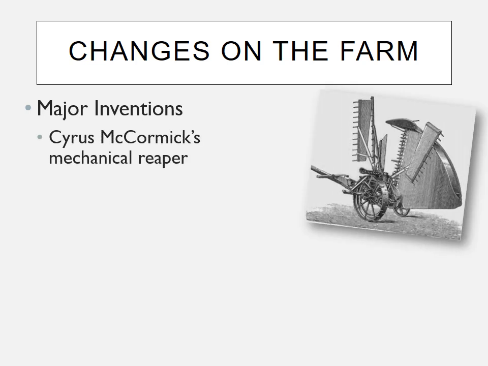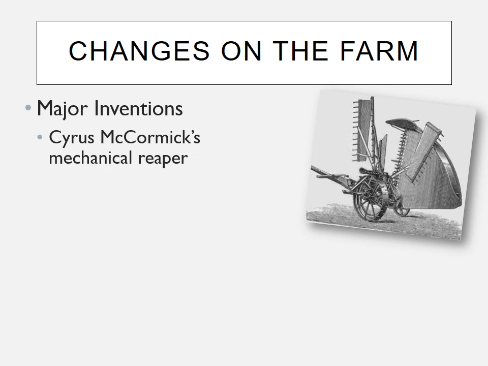And finally, when it comes to inventions, we got to look at the farm. Some of the major inventions on the farm include Cyrus McCormick's mechanical reaper. So for all you city slickers out there, what this does is it allows for the easy harvesting of crops, specifically things like wheat and corn, those kind of stocky type of crops.